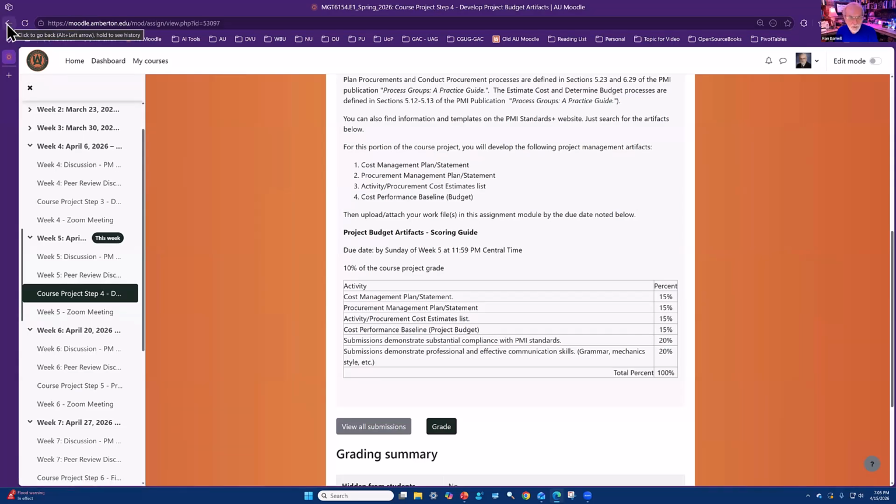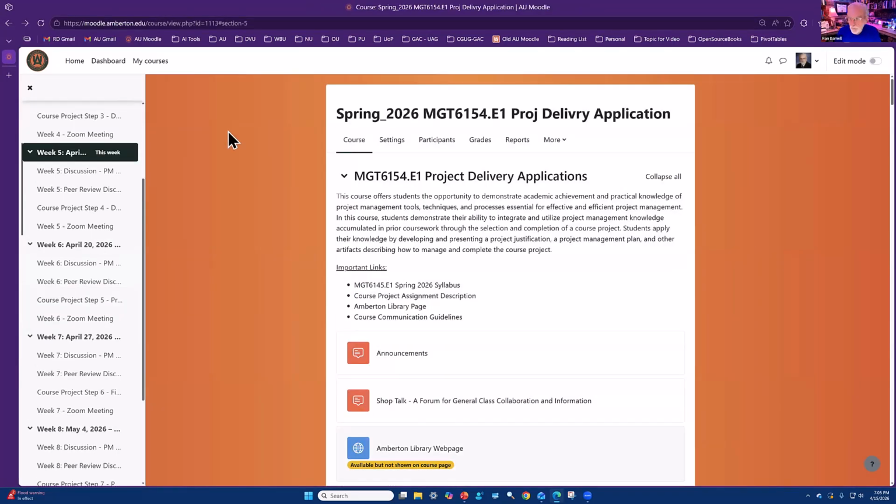The one thing to note about procurement is the PMI changed their view on procurement a little bit, and they have moved it into what they call an organizational function or feature.